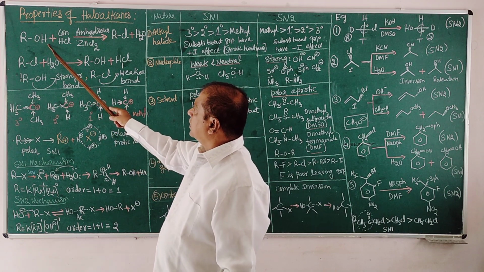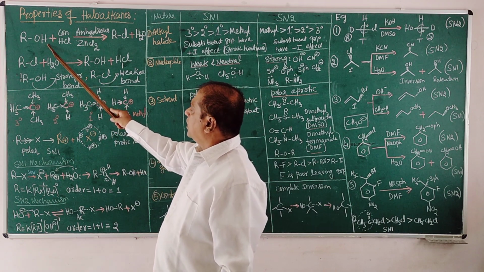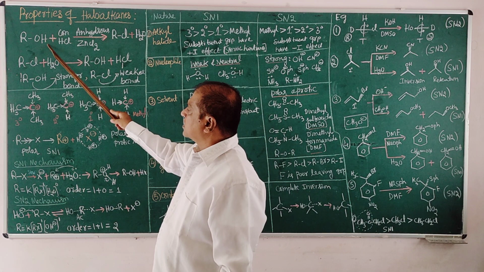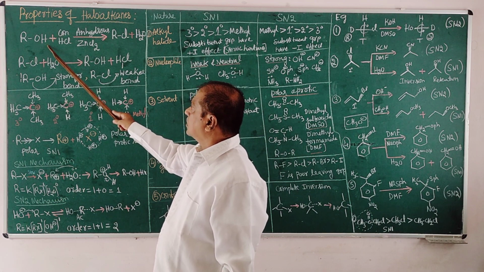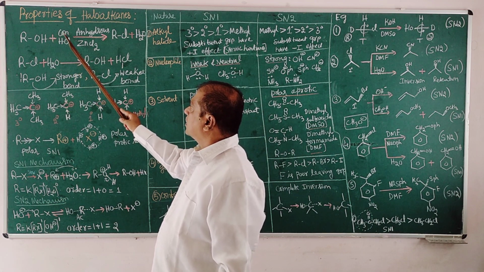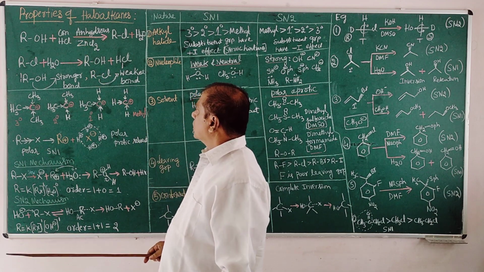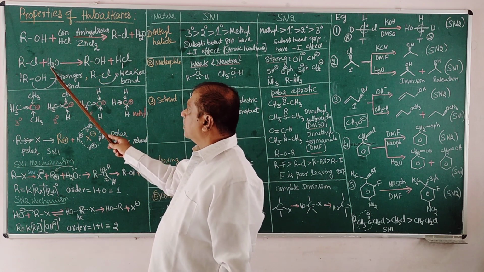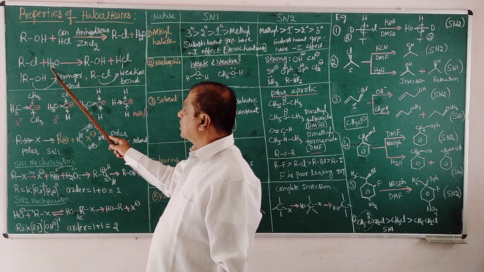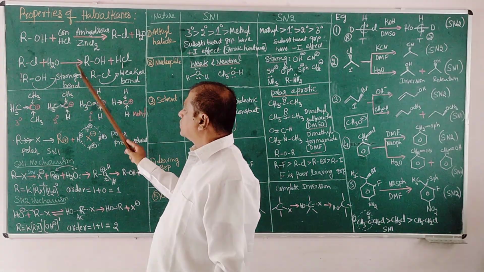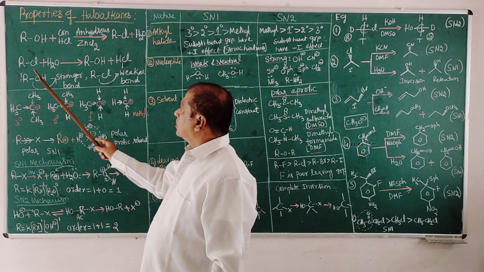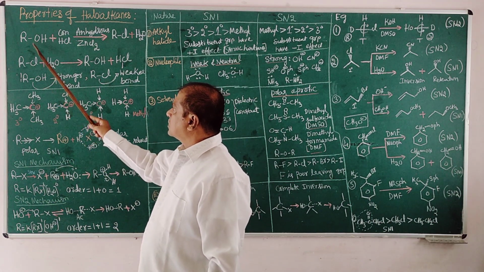Look at this reaction. It is taking place under drastic conditions like concentrated HCl and anhydrous zinc chloride. But this reaction is not taking place under such conditions, only normal conditions. This shows that this is reactive, this is less reactive.